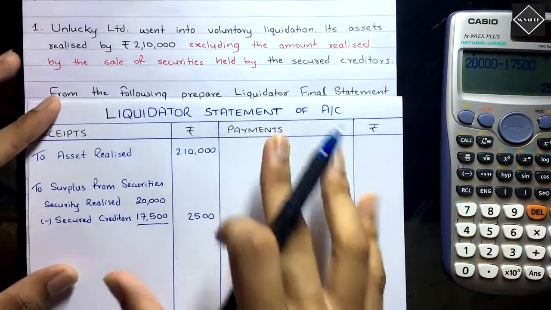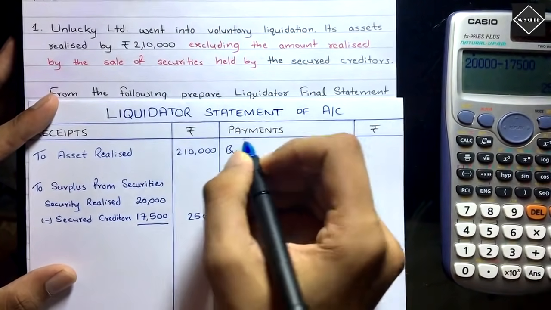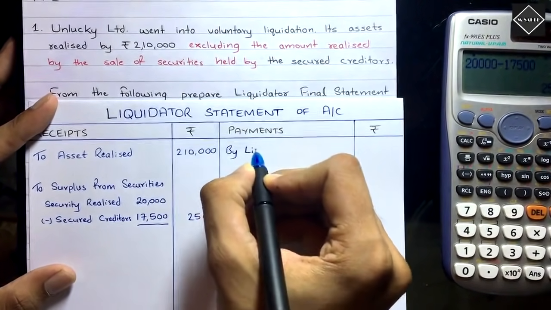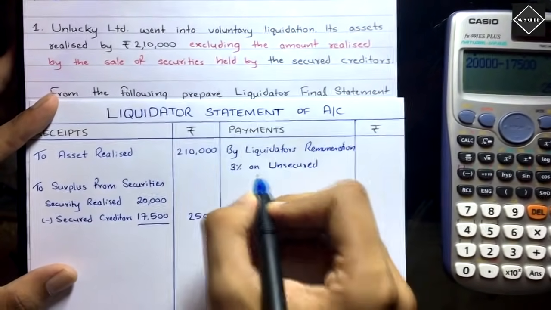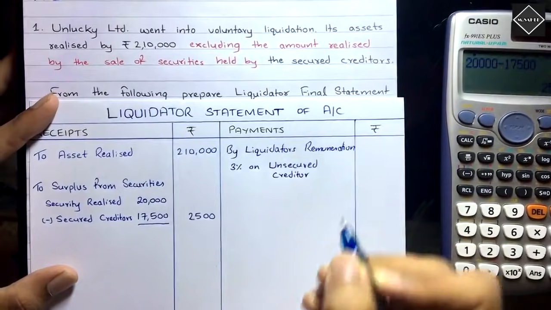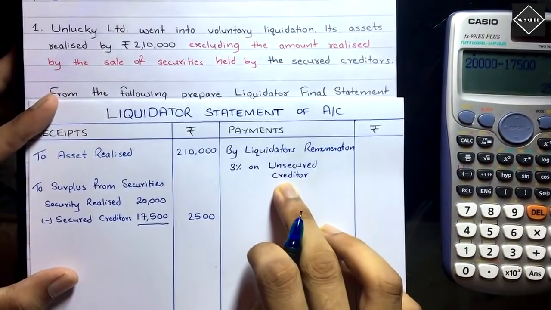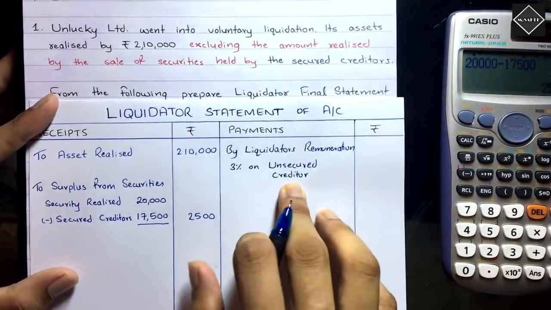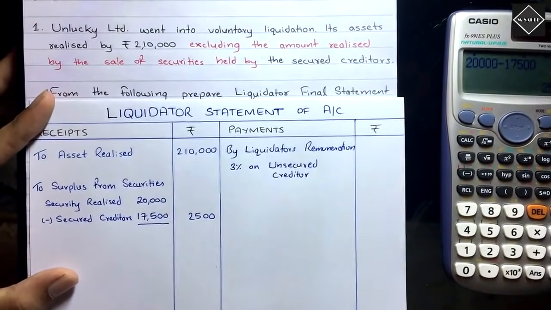Let's write down: by liquidator's remuneration, 3% on unsecured creditors. But we don't know what payment we have done to unsecured creditors and whether the funds are available or not. So leave this empty first and then move on to the next one.